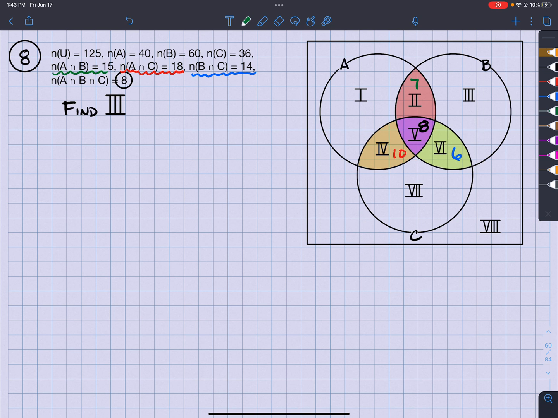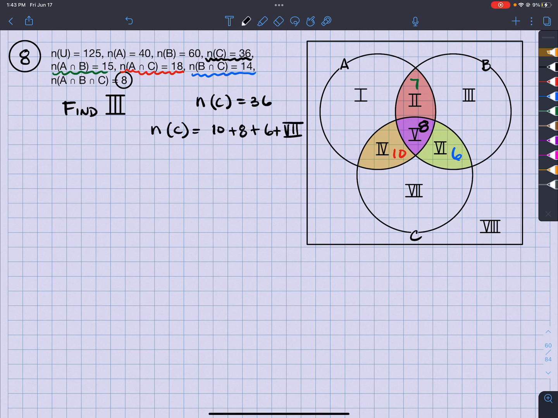All right. Okay. Now we can go a little bit further, and let's look at just this right here. So the cardinal number of just the whole C is 36, right? So if I have N of C is equal to 36, N of C is equal to 10 plus 8 plus 6 plus region 7. Right?